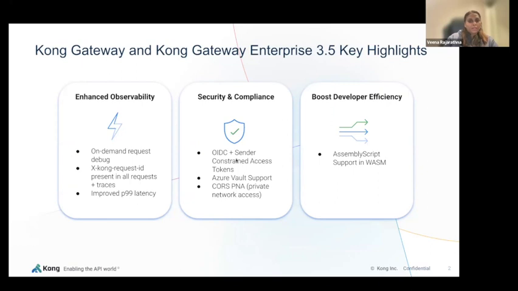At a thematic level, let me put them in three themes. The first is enhanced observability. 3.5 has new capabilities based on feedback from our users and customers, who are running into issues and don't have a quick and easy way to debug Kong, understand what's going on, and where Kong is spending time. So we introduced this capability to debug requests in what Kong sees, and on demand capture the timing information as that request makes its way through the different phases within Kong, and narrow down the issues.